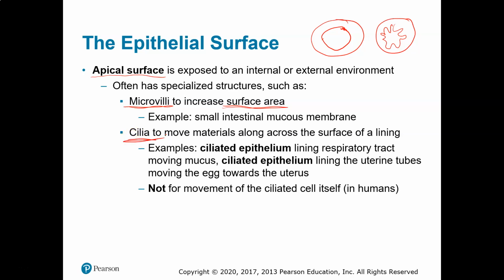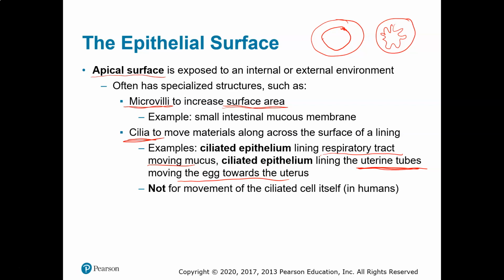Cilia move materials along the surface. The respiratory tract moves mucus along. The uterine or fallopian tubes have cilia that move the egg toward the uterus. And another example with men is the movement of the sperm through the male reproductive tract until the sperm can swim on their own, because they can't swim until they're fully mature.